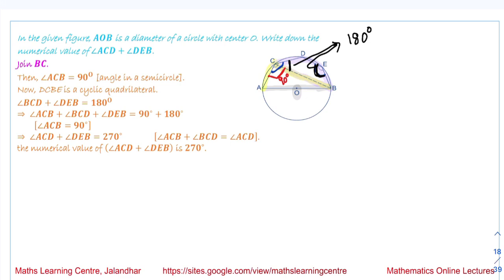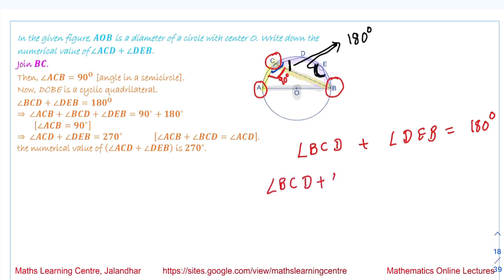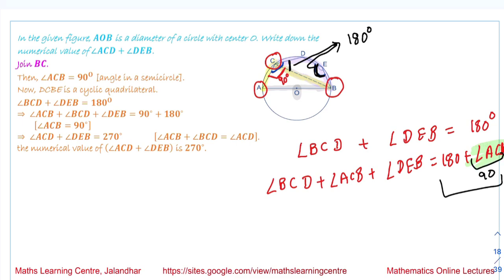So the equation we have is angle BCD plus angle DEB equals 180 degrees. If we add angle ACB, it is angle BCD plus angle ACB plus angle DEB is equal to 180 plus angle ACB. Now what is the value of angle ACB? It is 90 degrees. So this total will become 270 degrees.